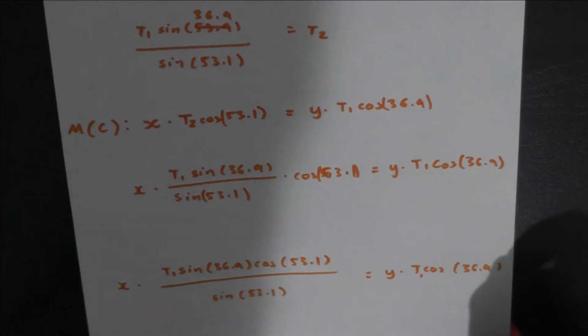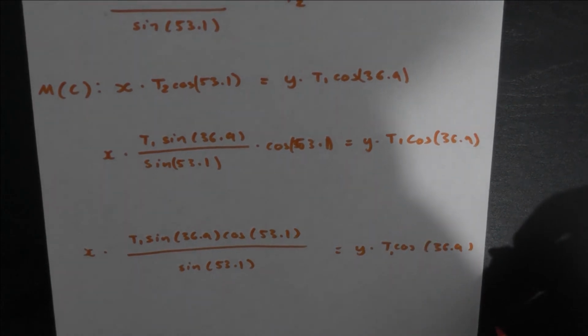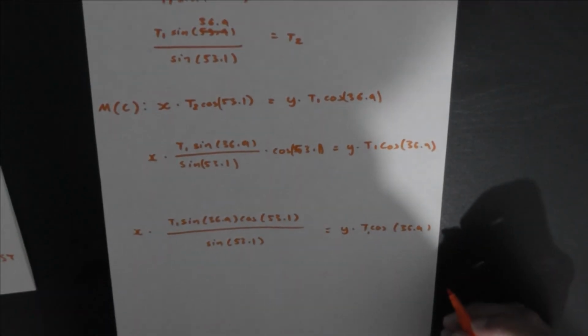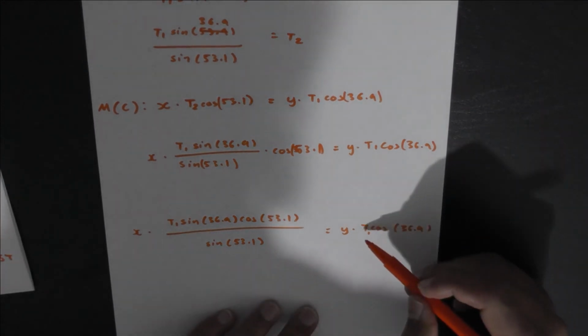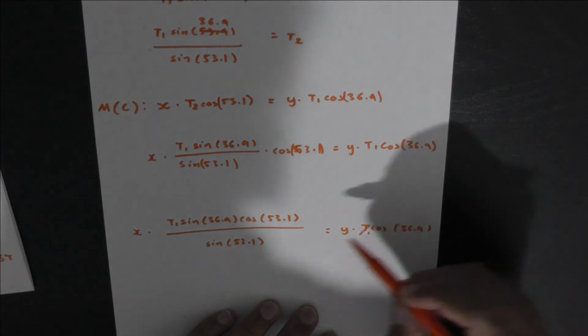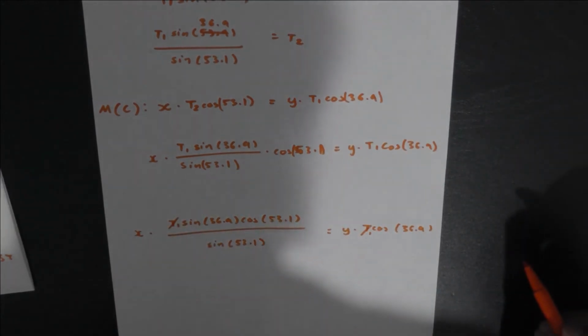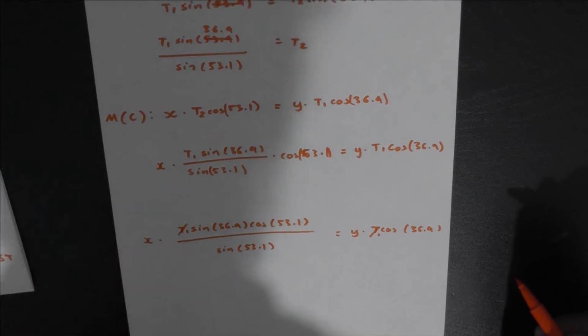So now it's time to cancel out things that are in common with both sides. So let us have a look at this. What's in common? We've got T1 on both sides, so we can cancel those out, and well, that's pretty much all that's in common.